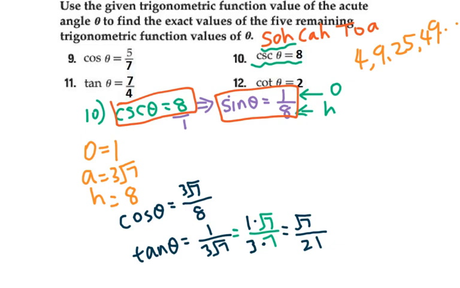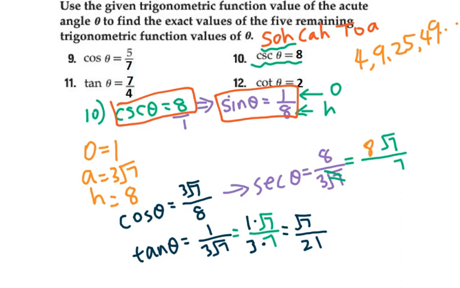Okay, and from cosine, we can flip, get the secant theta equals 8 over 3 square root of 7. And the square root of 7, I can get square root of 7 over 7. Then I bring that 8 over here, do the multiplication, and also the 3 multiplication. So your answer will be 8 square root of 7 over 21. That's for secant theta.